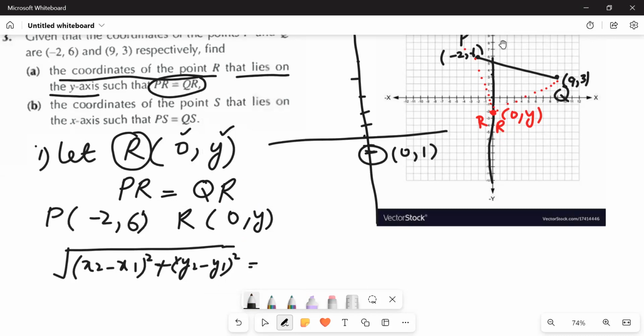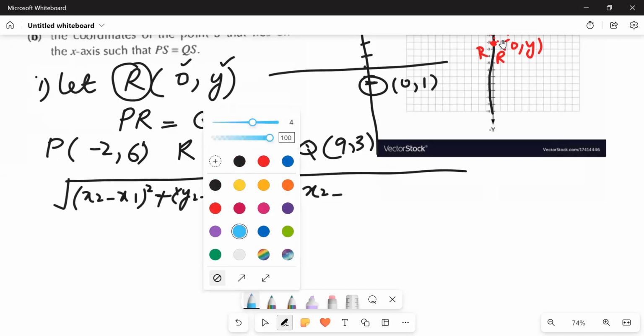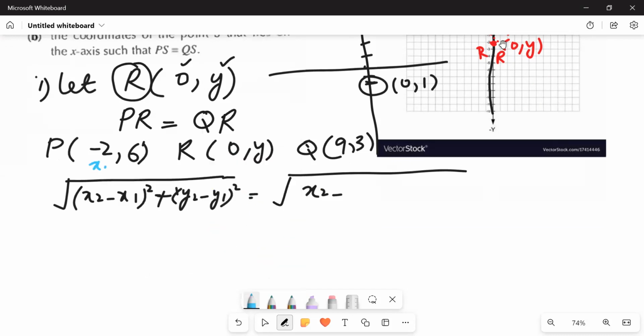This formula. And the Q point is (9, 3). On this side, I am also using the same formula. This point I am taking as x1, y1.